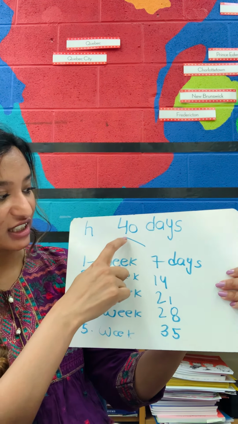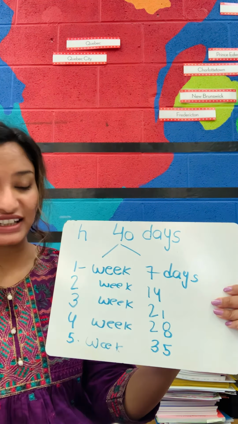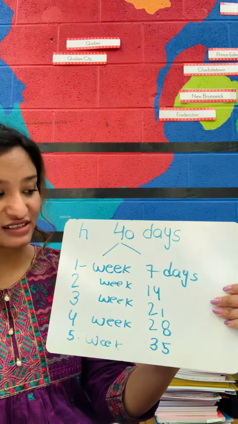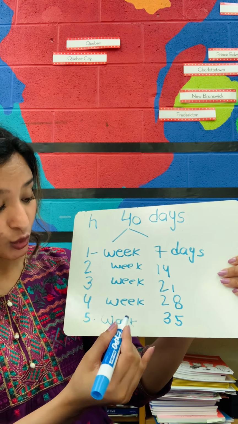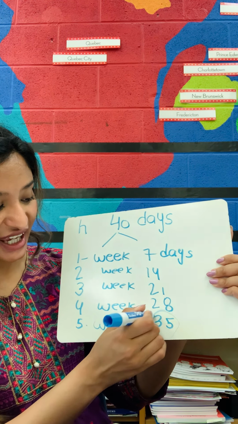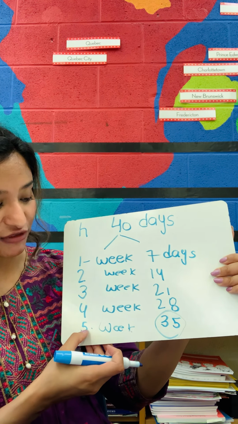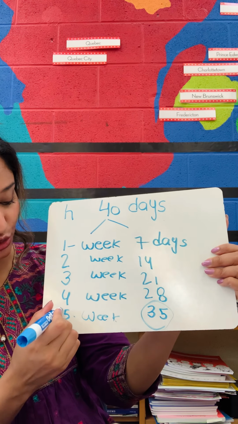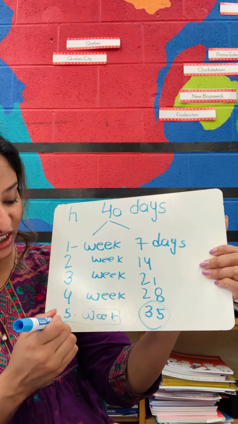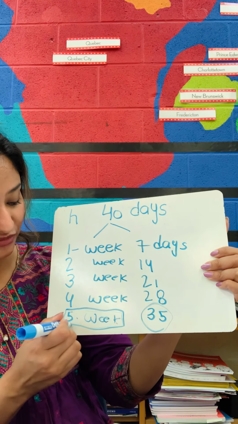Now, here we have 40 days, right? So let's ask ourselves, they're asking us, how many weeks and how many days do you have? We know that 7 times 5 gives us 35. So that means in 40 days, how many weeks are there?